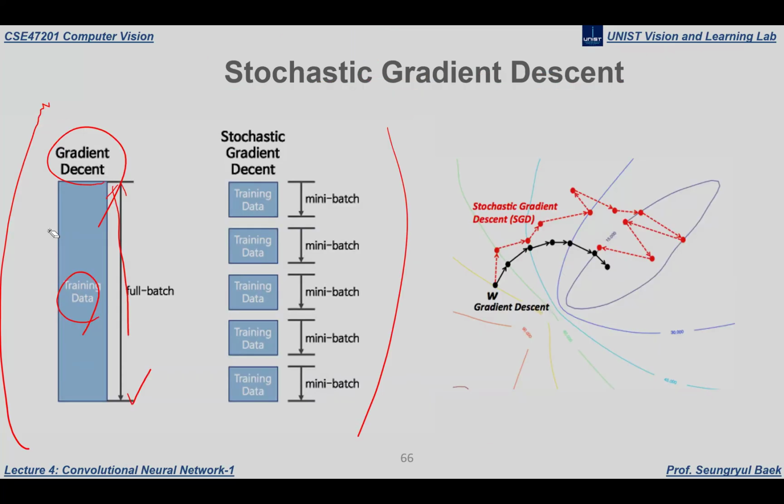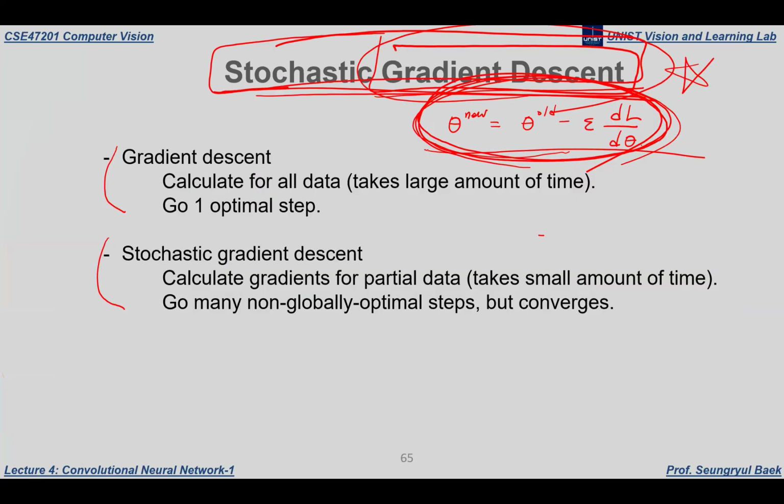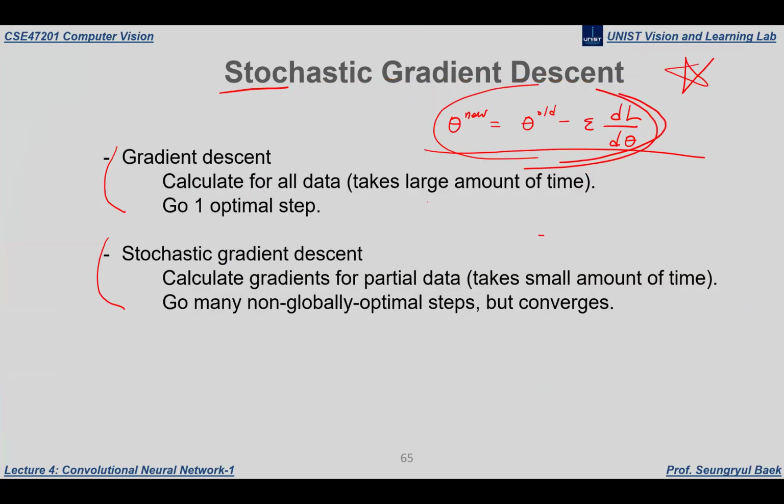That's gradient descent. But in stochastic gradient descent, we see only partial data, only a subset of the entire training data, and using this mini-batch, we apply the parameter update.